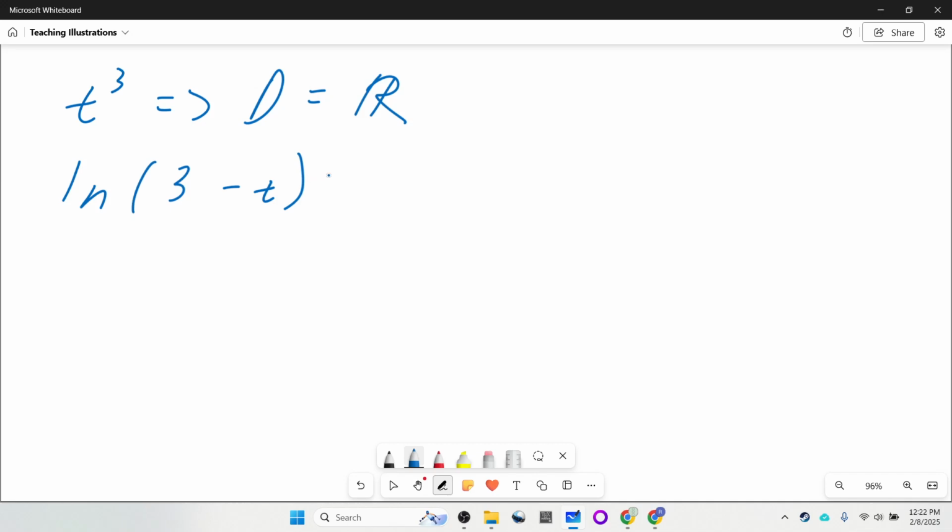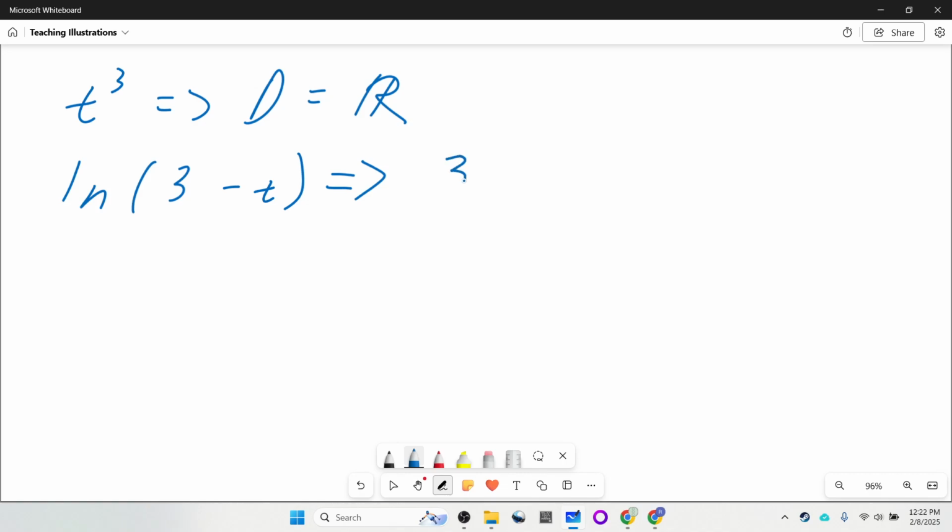For the x component, we had t cubed. Well, the domain of that is R. There's no number you can put into the cube function that will break it, so we can just say it's all real numbers. Second function was ln of 3 minus t. Now, if you think about logs, logs are defined wherever the input is positive.